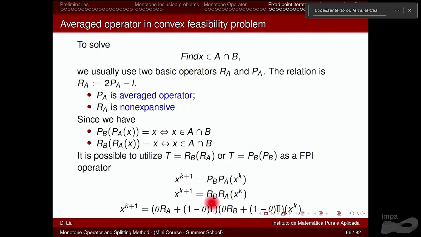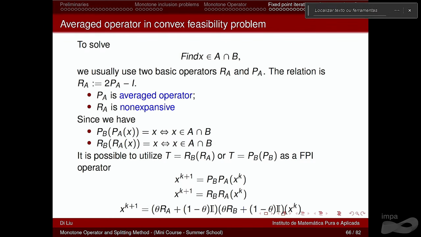For the operator A, we take a convex combination with the identity operator I. For operator B, we also take a convex combination with I. Of course, here theta cannot be 0 or 1; it should be greater than 0 and less than 1. With such convex combinations, we know these two operators are both averaged, and the composition of averaged operators is still averaged. So in this case, the sequence will converge.